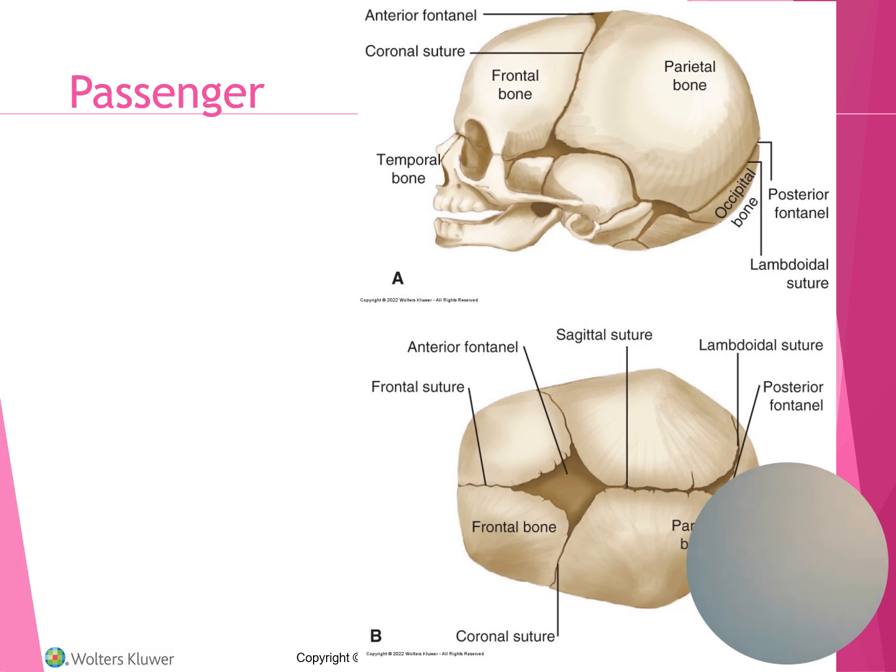It's really important in the relationship to labor and birth because it's the largest and least compressible of the fetal body. So sometimes we will see molding as the newborn arrives, and this is the overlapping of bones.